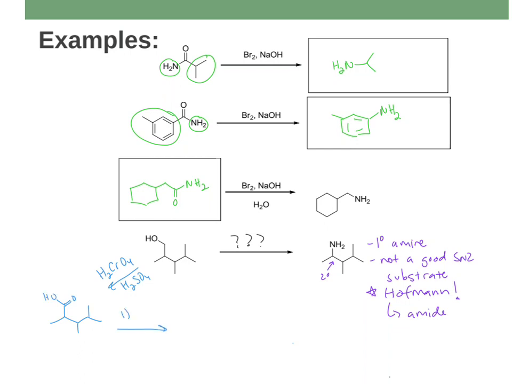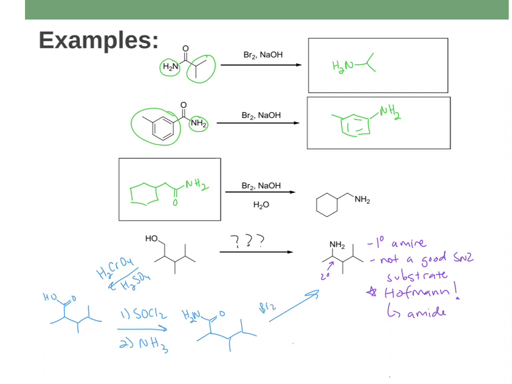I know that I could do step 1, add SOCl2 to turn that into an acyl chloride. And then step 2, I should just be able to bubble through some ammonia to make this molecule. Right, so the acyl chloride is super reactive, so any amine I add to it will make the amide. Boom. And then the last step, I can just do my Hofmann stuff.